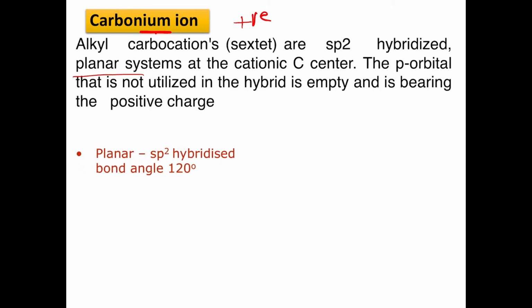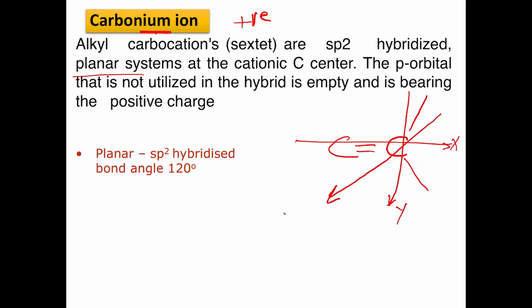We said it is sp2, the angle between them is 120 because they are planar. We have the X and Y plane. We don't have a Z plane in alkenes. We have it in alkanes, but not in alkenes.